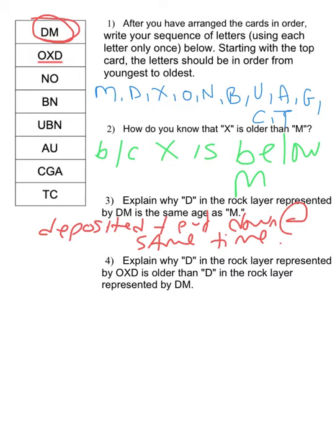Number 4, explain why D in the rock layer OXD is older than the D in DM. So it's talking about this one compared to the blue highlighted. The reason that the D in OXD is older than the D in DM is because it's found below it.